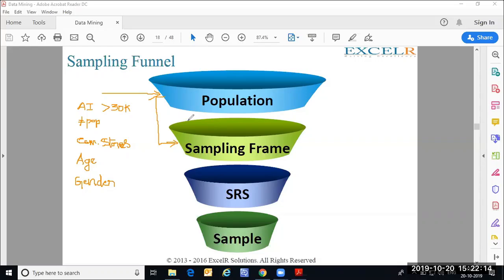So out of the population, by setting up a criteria, I'm extracting a group of people who are of interest for my analysis, right? On top of the sampling frame, we have different sampling techniques. One of the renowned techniques is simple random sampling, SRS.